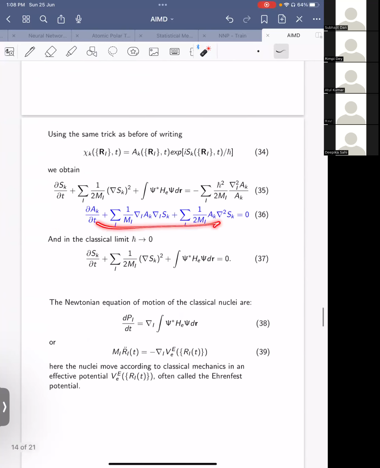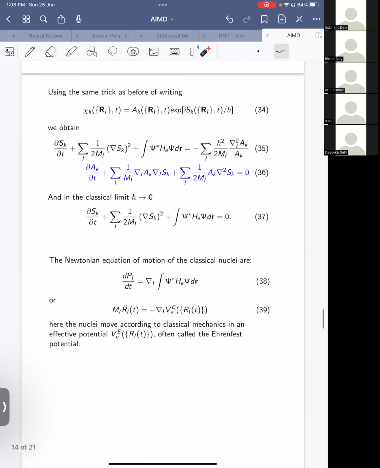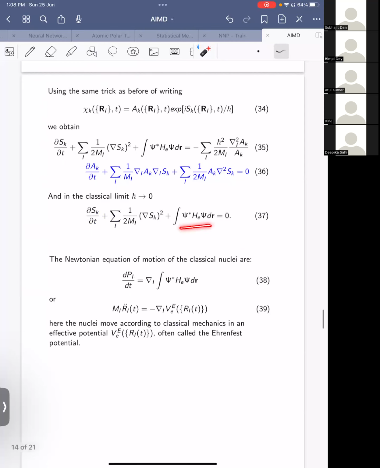This is again the same continuity equation, and we will do the same thing here. This H cross will be 0 in the classical limit, so we will get an equation like this. This is again isomorphic to the Hamilton-Jacobi equation, but now the output is this. This will be our equation of motion, but there is still one problem.